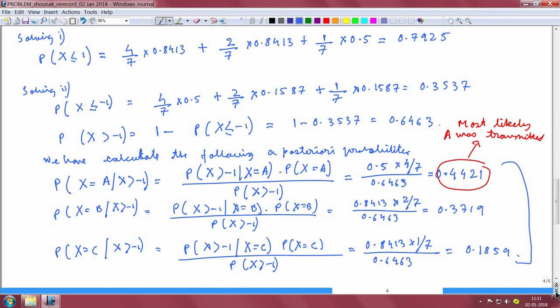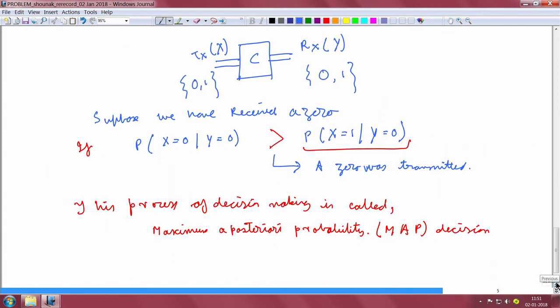So, this type of decision making is called maximum a posteriori probability, which is very much used in communication these days. What we have is basically a channel with a transmitter side and a receiver side. The transmitter side can signal a 0 or a 1 and the receiver side can receive a 0 or a 1. Let us consider the transmitter side as the random variable x and the receiver side as the random variable y. Suppose we have received a 0, then what was transmitted?